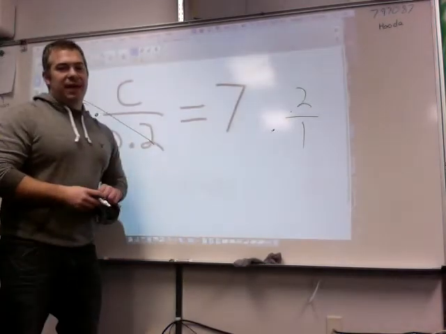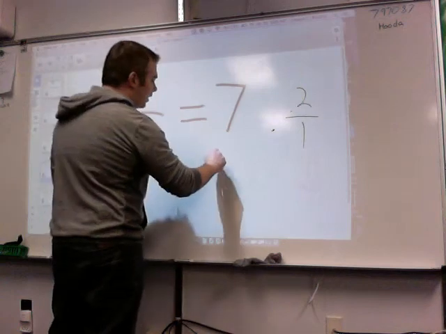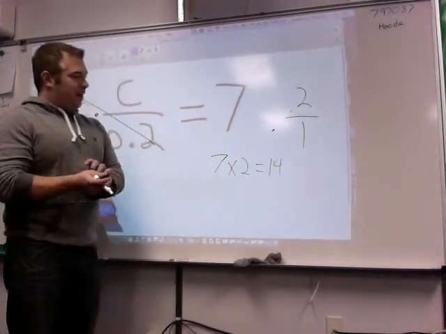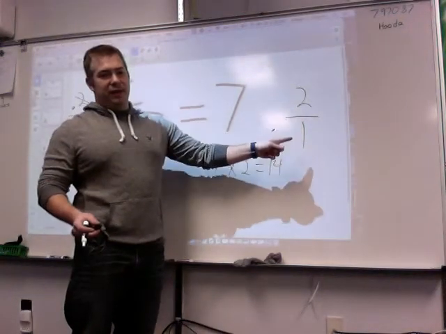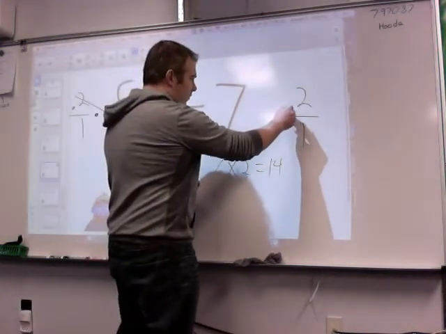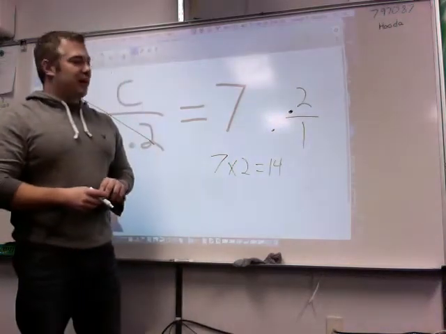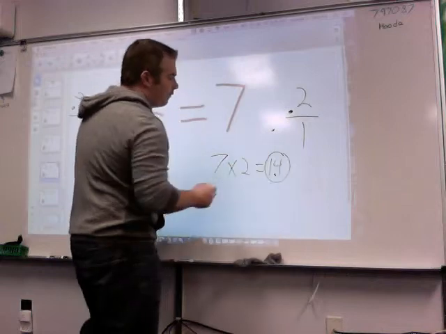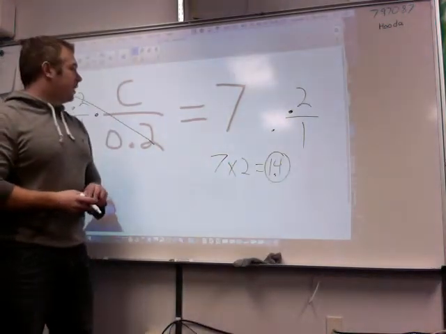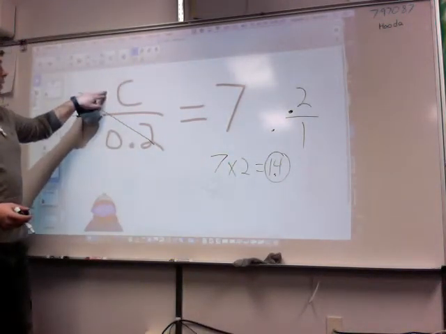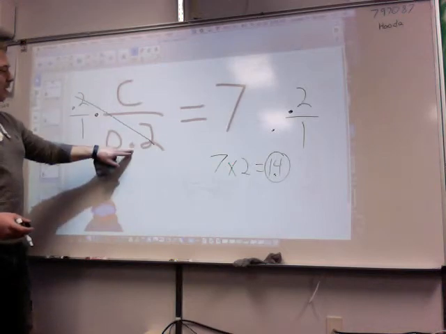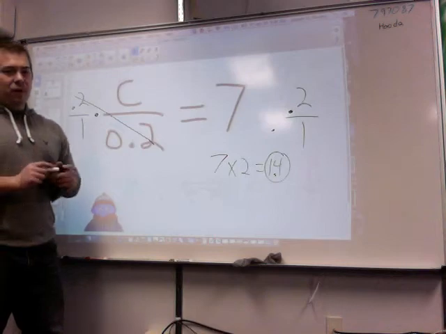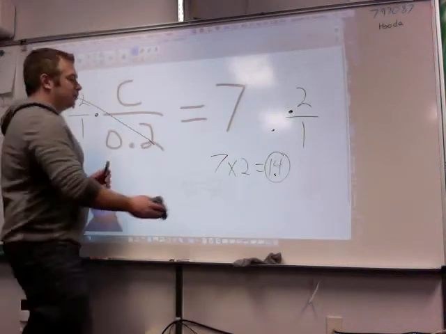Now I have to multiply 7 times 0.2. Well, I know that 7 times 2 equals 14. But I had a decimal in there, one place value spot, so I just scoot it over. My answer is 1.4, not 14, or 1 4/10. If you plug in 1 4/10 on top, divided by 2/10, I hope you get 7. Once again, please check my work. If I'm wrong, you can laugh at me tomorrow.